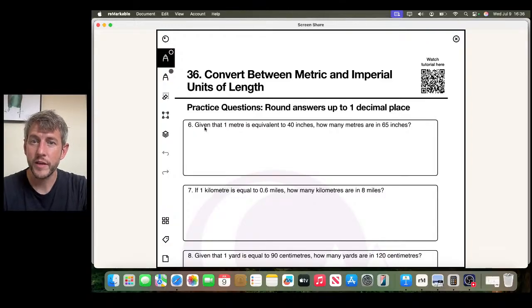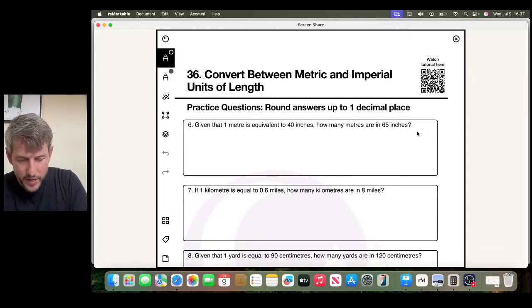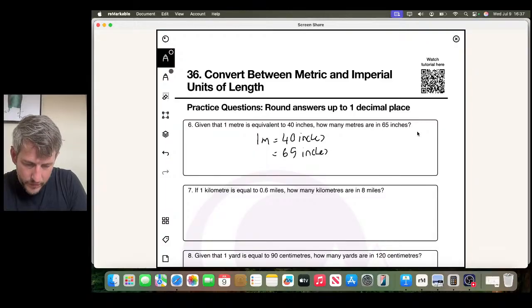Question 6. Given that 1 metre is equivalent to 40 inches, how many metres are there in 65 inches? So here we've got 1 metre equals 40 inches. We want to get up to 65 inches. So we need to work out 40 times what equals 65.